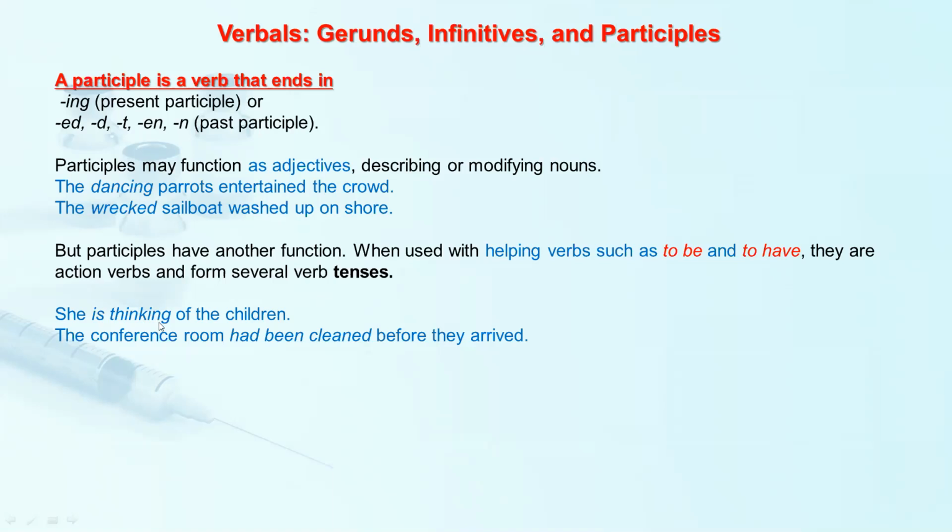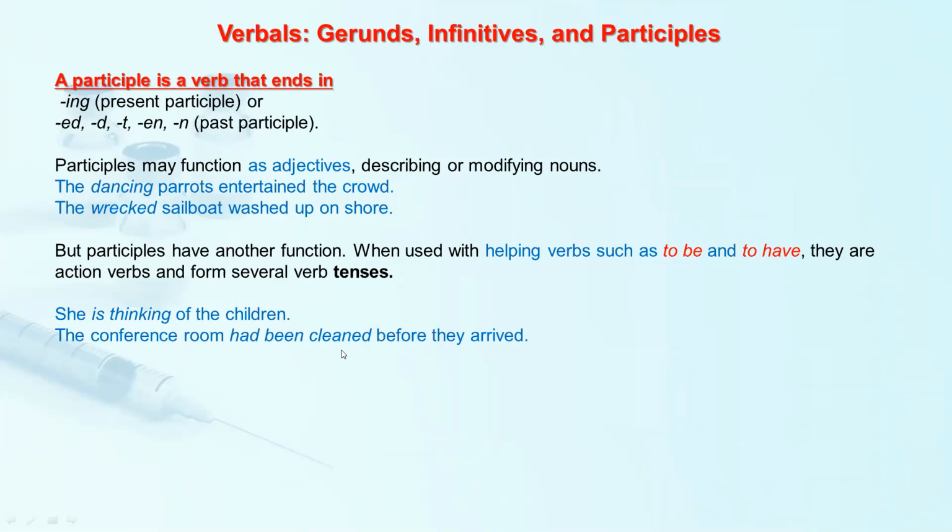Present continuous: is thinking. The conference room had been cleaned before they arrived. The conference room is the subject. But here, had been cleaned, we have a passive voice. So the conference room is an object, not a subject.